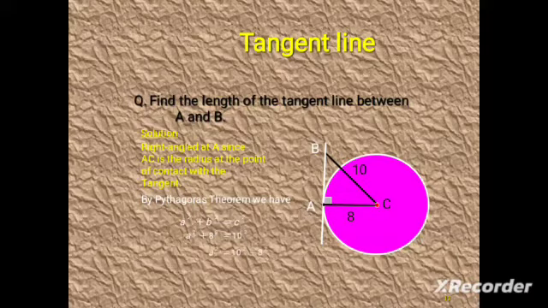Now we have a squared equal to 10 squared minus 8 squared. So the value of a in this case is square root of 36, which is 6 units. That is the length of the tangent line between A and B.